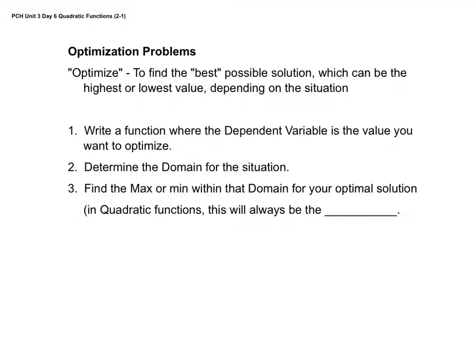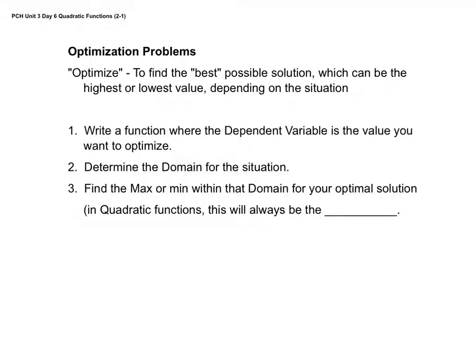Also, determine the domain. I like to call this kind of the situational domain, or the logical domain. In a situation, you may not be allowed to have fractions for your answer. You may not be allowed to have negatives for your answer, okay? Identify that at the beginning, okay?